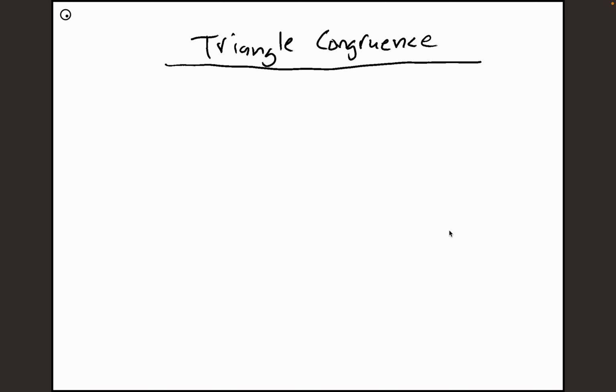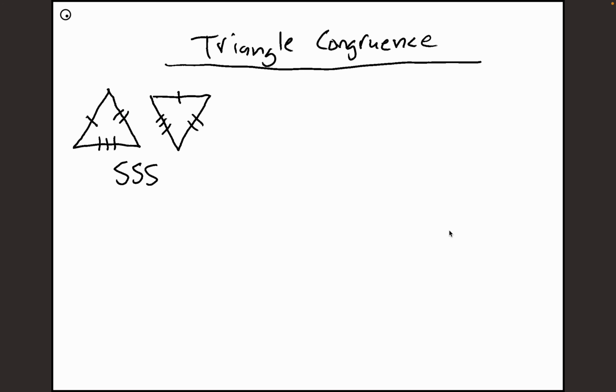Here are the 5 ways we can prove a triangle is congruent based on its sides and its angles. Here's going to be my first one. If I have 2 triangles where I am given that all 3 sides are congruent, this is going to be called SSS.